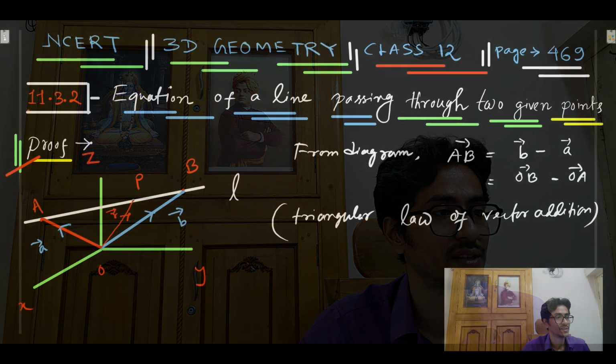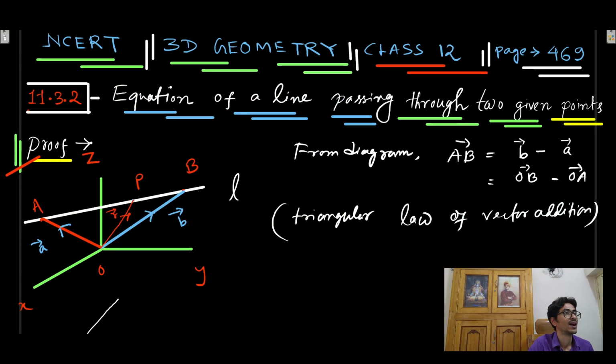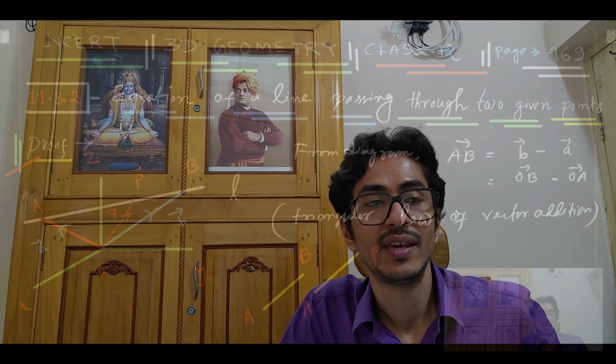Because from the previous lectures we have learned, if these are two lines, say this and this, and say this is AB and this is AP, and AB and AP are parallel and A is a common point, then it is obvious that A, P, B lie on the same line, that is, A, P, B are collinear points.